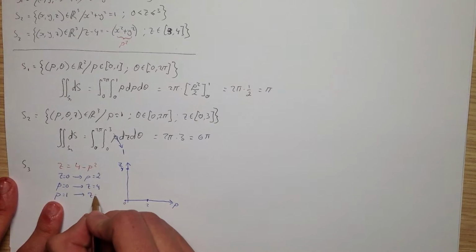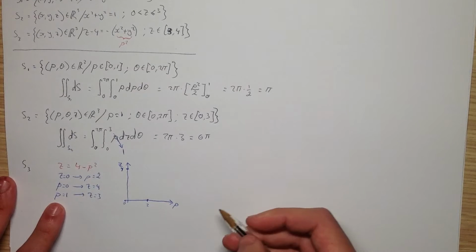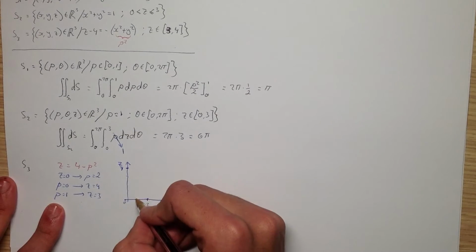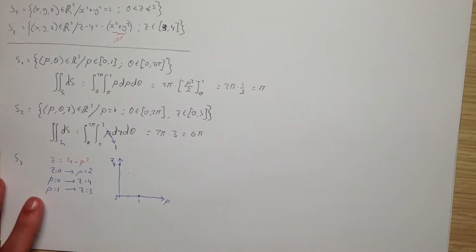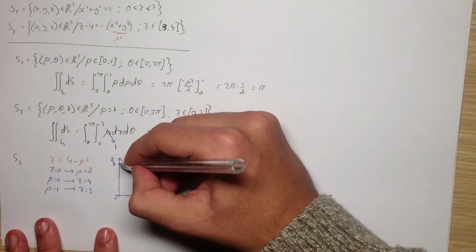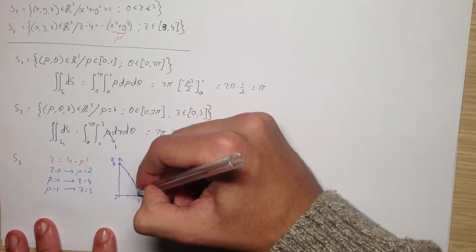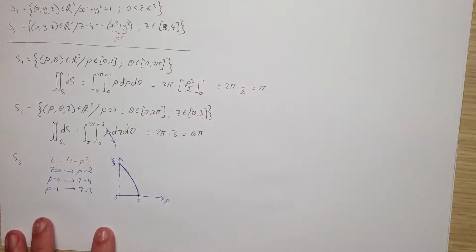Z will be 3. So 1's here, 3 will be somewhere here. If we join these 3 dots together, we'll get this kind of curved line.